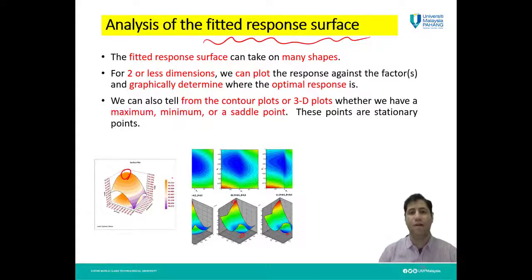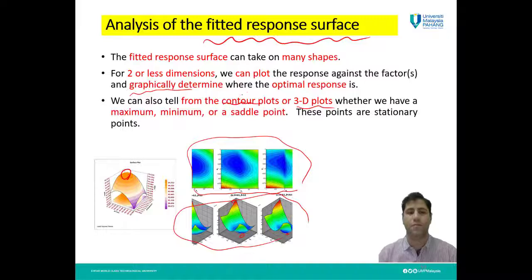So when we have a three-dimensional illustration of the surface, we can distinguish the optimum point. In other words, we can graphically determine the optimum point, which can be done by a contour plot or 3D plot. I have already introduced the contour plot or 3D plot.